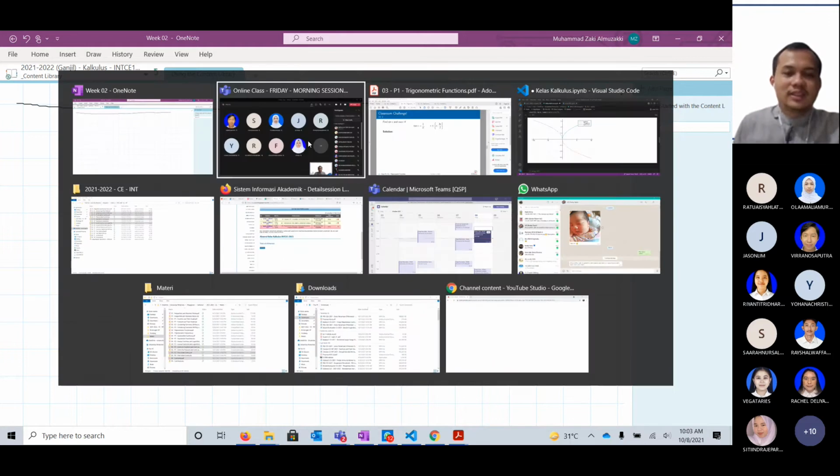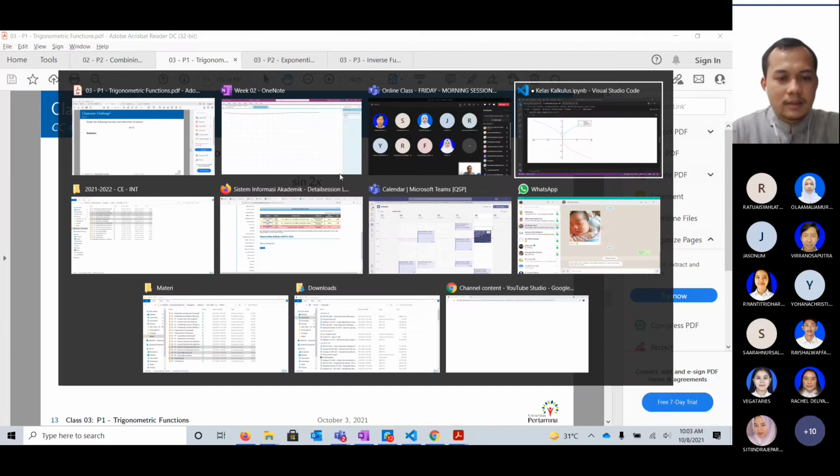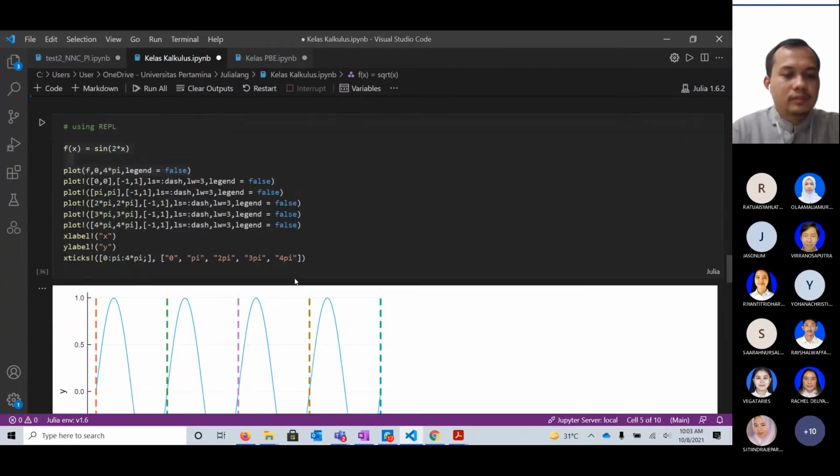Now I'm going to the next challenge. We are asked to graph this function and determine its period. I'm helping you answer this challenge. So the function is f of x equals sine of 2 times x.